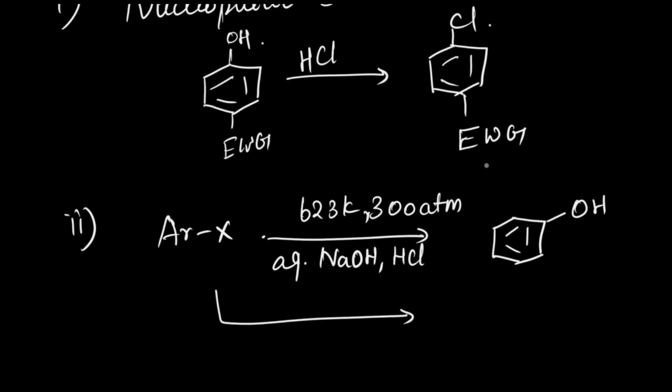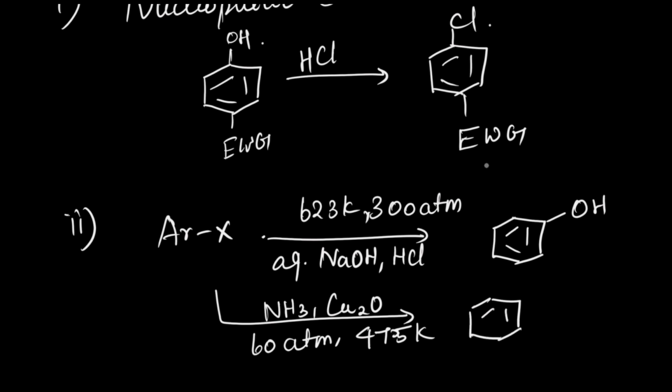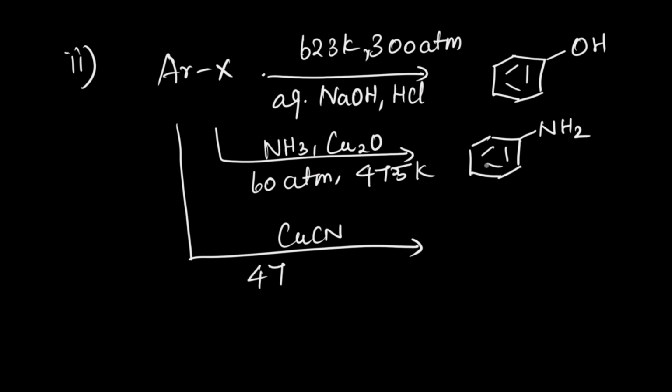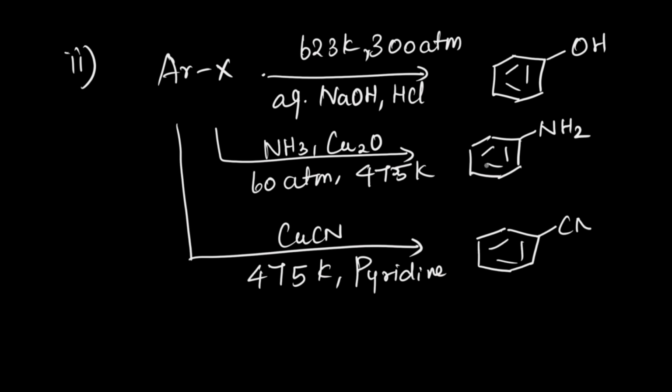And if I'm treating it with ammonia and copper oxide, again 60 atm pressure and 475 Kelvin temperature, it is giving us aniline. Similarly, if I'm treating this with copper cyanide at 475 Kelvin, presence of pyridine as a catalyst, it is going to give you cyanobenzene.